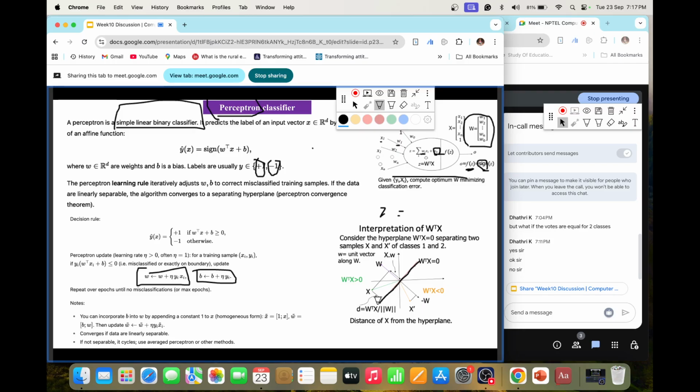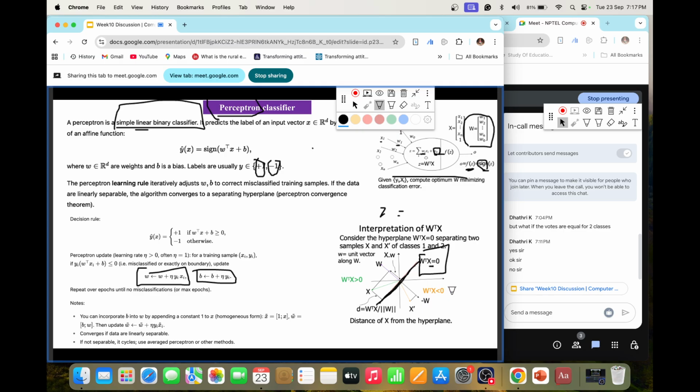Okay, same thing. So in 2 dimensions, how do you separate two classes? We separate by a line, because this is a linear classifier. So we will separate two classes with the help of a line, and the equation of the line will be this: W transpose x, where x is your data points, equals 0. So this is the decision boundary. So we have W^T x greater than 0, and we have W^T x lesser than 0.